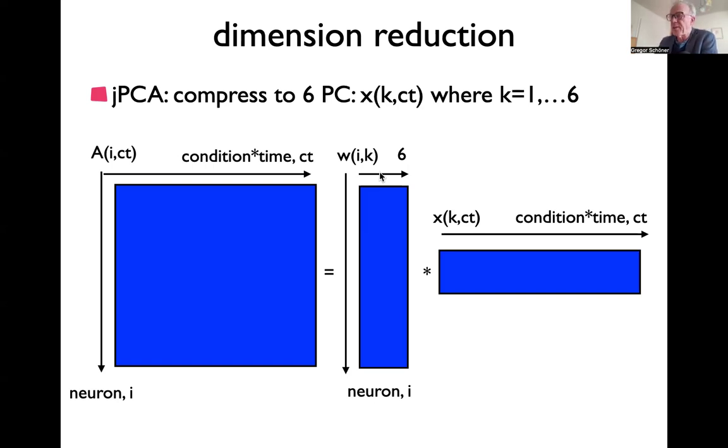And later they actually project that onto just 2. So there are 6 columns here. There are the 6 directions in neural space. And so you need to now know the time course and condition dependence for these 6 numbers. That's much compressed compared to these hundreds of neurons, right? But in depth, of course, it is still a large matrix.